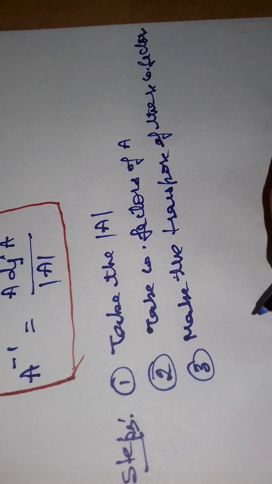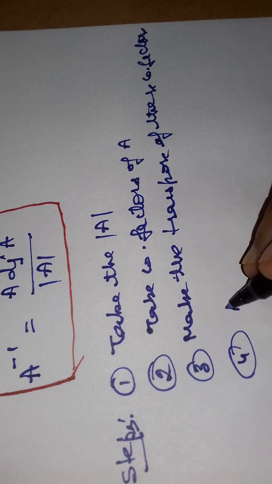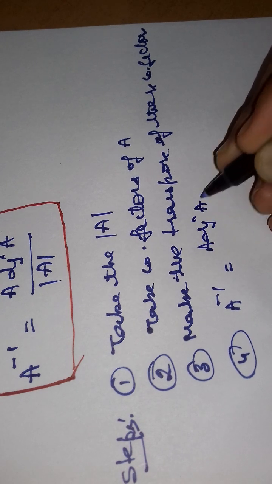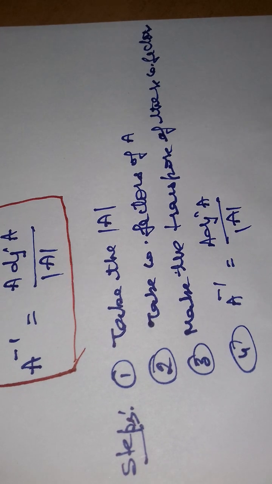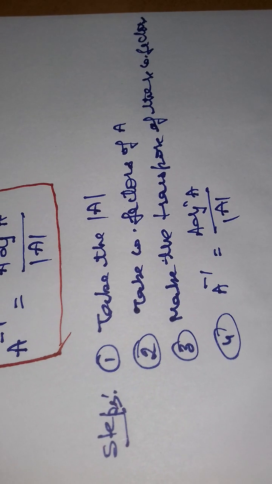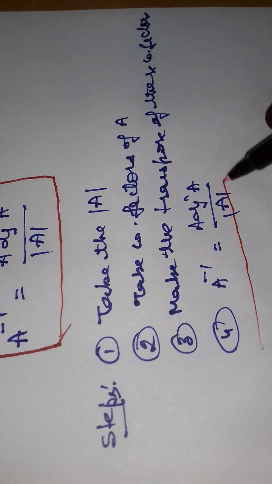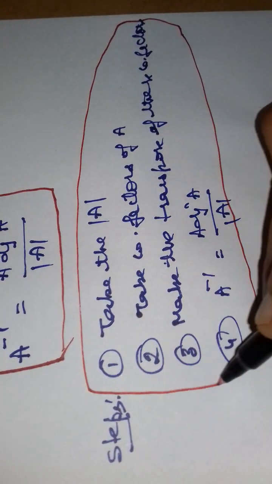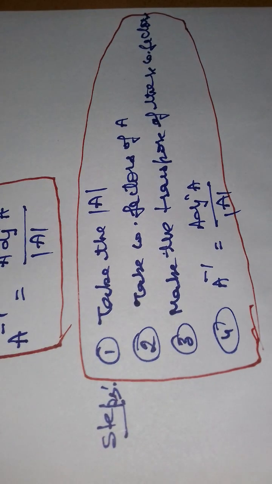Fourth one is apply the formula A inverse equals adjoint of A divided by determinant of A, and you will get the result. You must write down these steps, as these are very important to find A inverse, right? So let's start with the question.